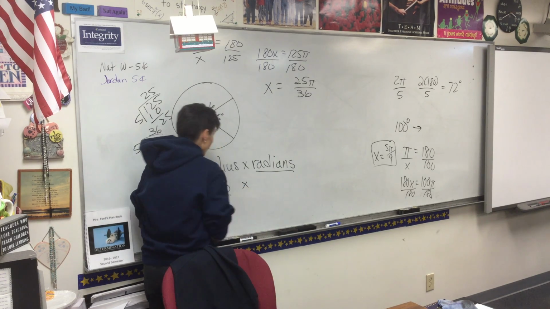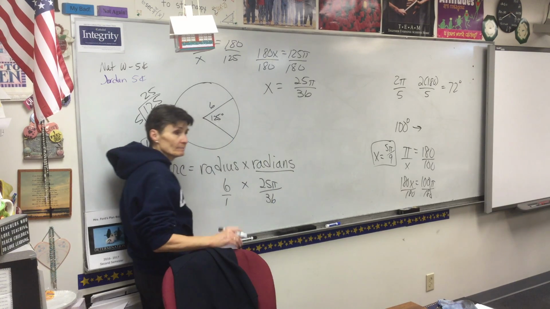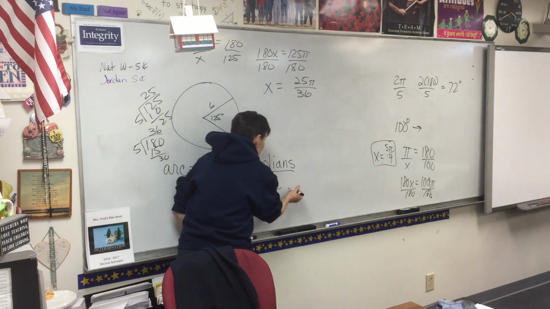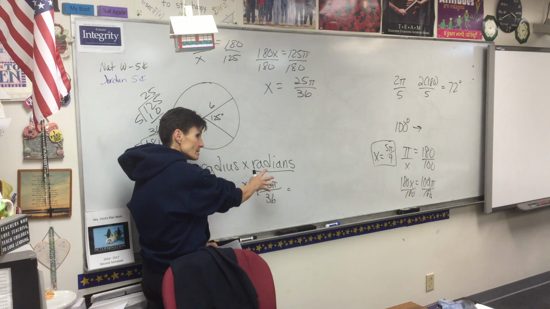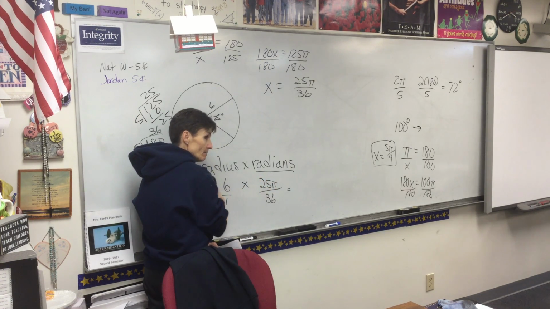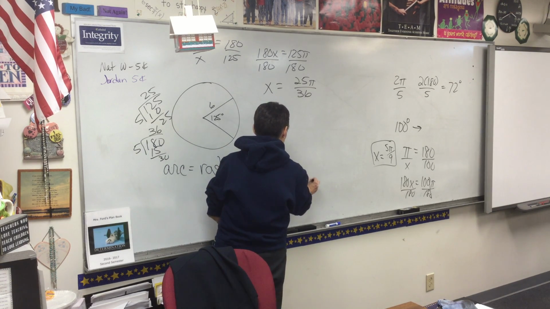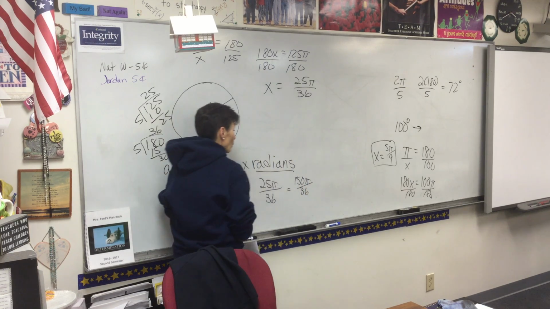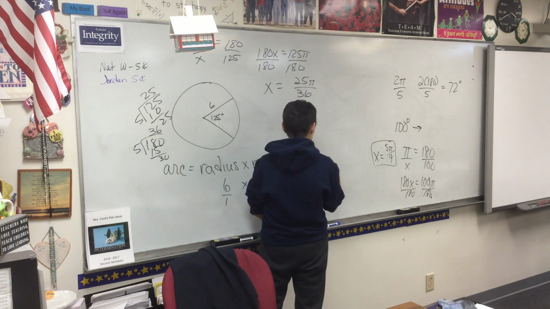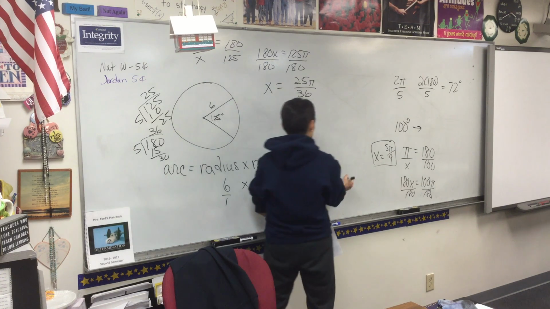So I have 6 over 1 times 25 pi over 36. Now, you can multiply straight across, or you can notice you got a little canceling going on here. If you multiply straight across, you get 150 pi over 36, which you're going to reduce. See, 2 goes into both of those. 3 goes into both of those.